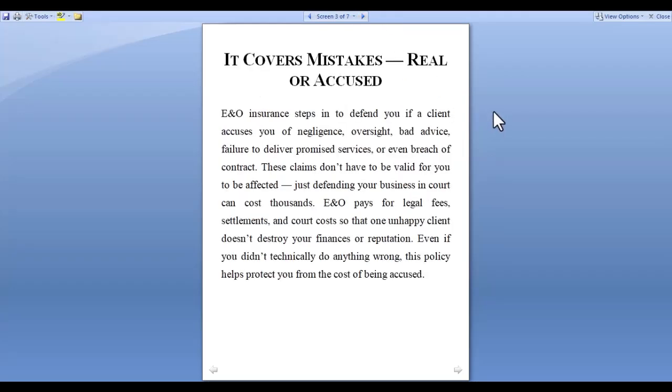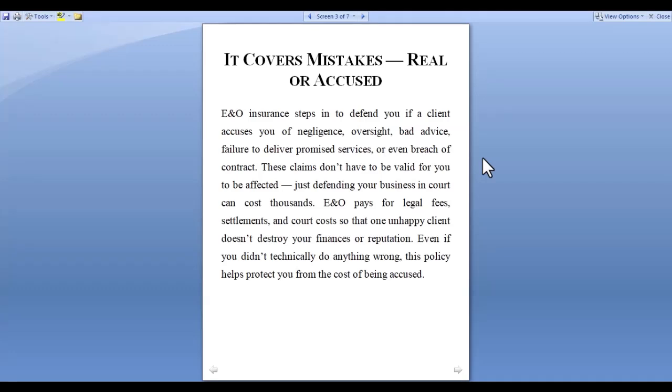The next page here says it covers mistakes, real, viewed or accused. So E&O insurance steps in to defend you if a client accuses you of negligence, oversight, bad advice, failure to deliver promised services, or even breach of contract. These claims don't have to be valid for you to be affected.